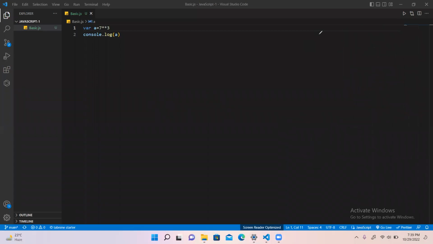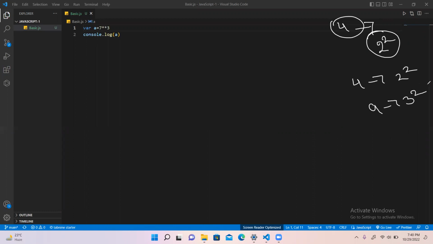Okay, so we take an example: you want the value of 4, which is 2 raised to the power 2. Inside the math, you can use 2 raised to the power 2, 9 is 3 raised to the power 2, just like 25 is 5 raised to the power 2.